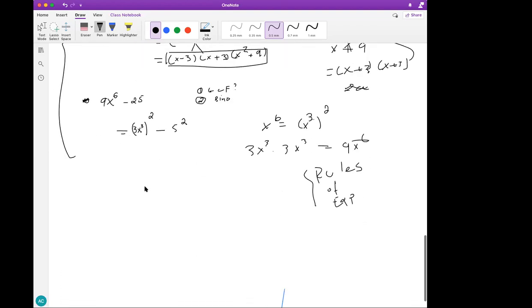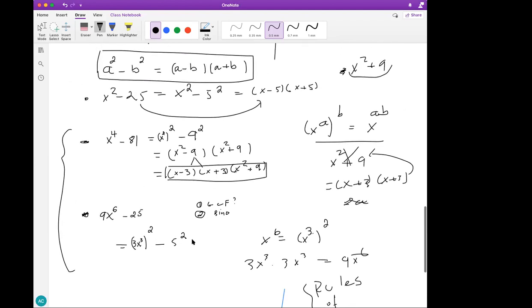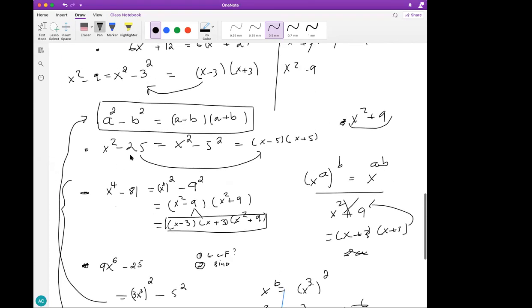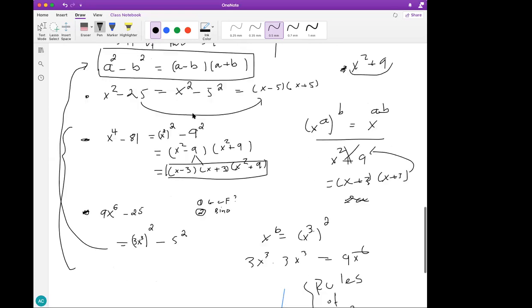And what else? So now, do we have this in this form? This one here, does it look in this form? Difference of 2 squares. So this is again what we call difference of 2 squares. This formula here.